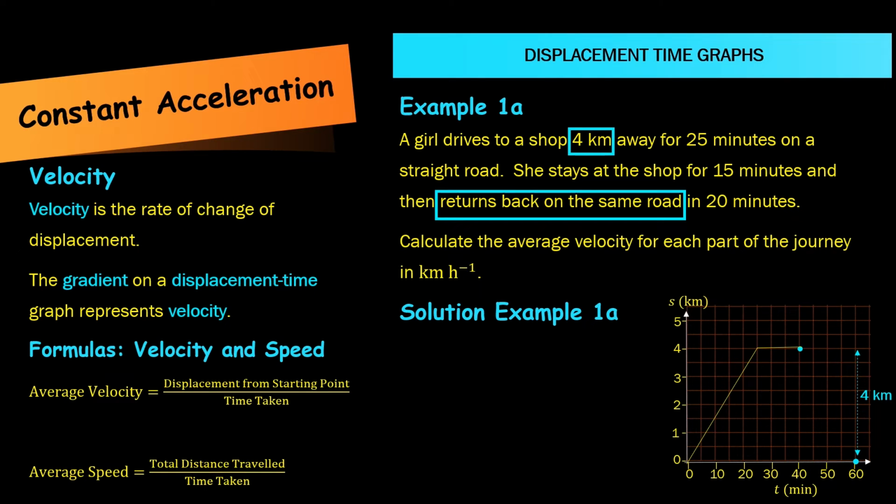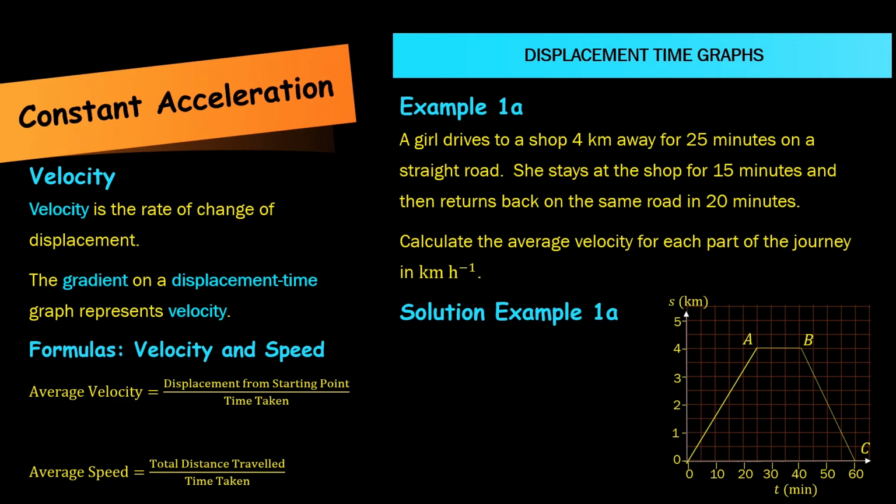She then returns back on the same road, so of course she's travelling 4 kilometers altogether, and she goes back in 20 minutes. So the last part of her journey is as indicated by the line on the graph. And here's her complete journey.